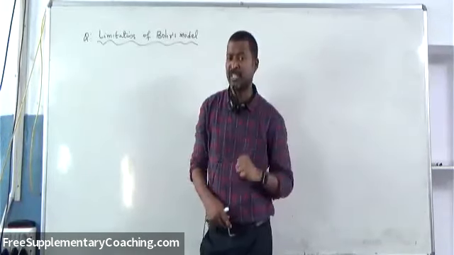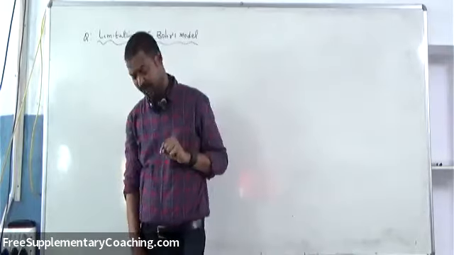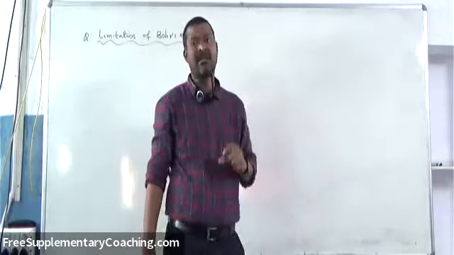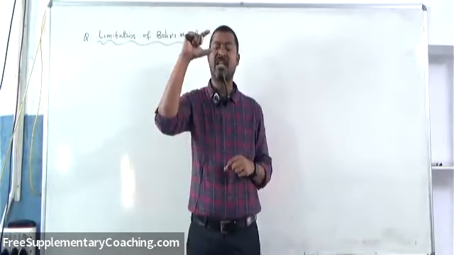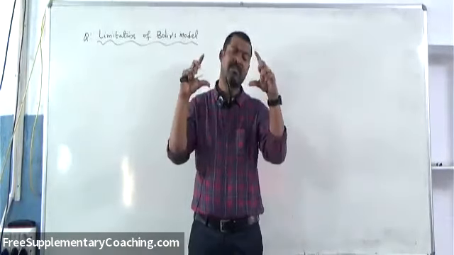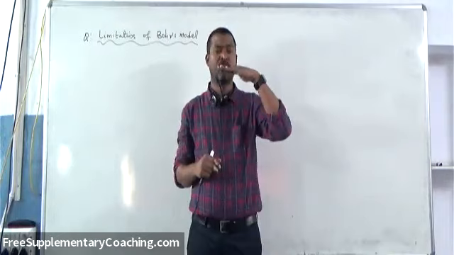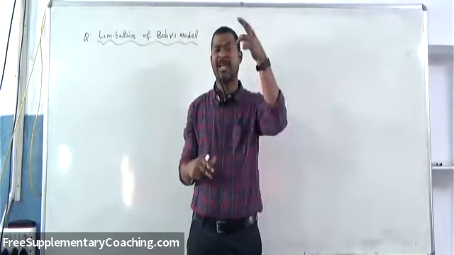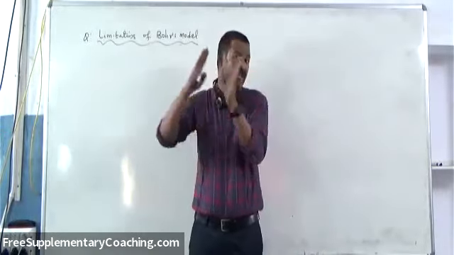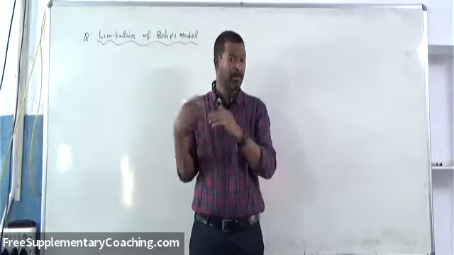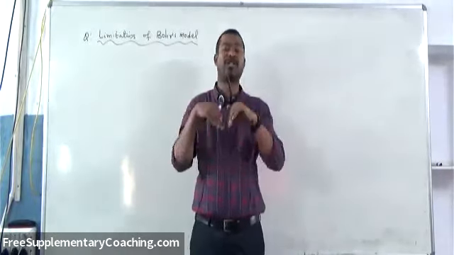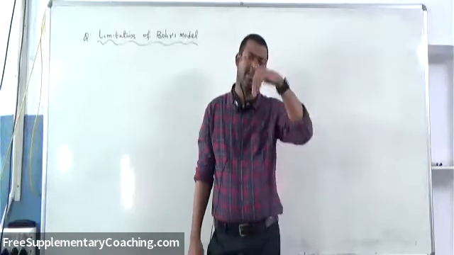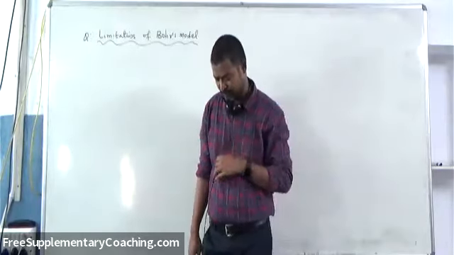The energy absorbed going from lower to higher, or emitted from higher to lower, is exactly equal to the difference of the energy levels. That means from 2 to 5 it is excited. The difference between 5 and 2, how much energy difference will come? That much equivalent radiation it will emit, or it will absorb that amount of energy to be excited to the higher energy level, or it makes a transition from higher to lower. This is the third one.